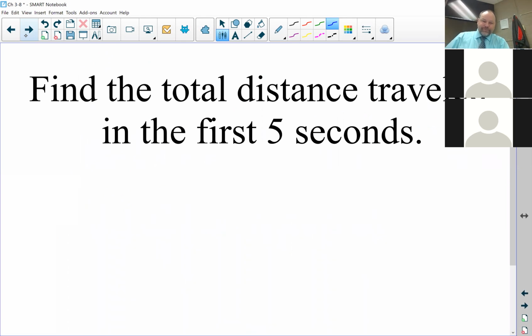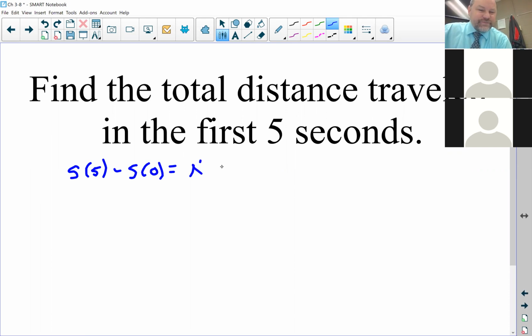Now be careful. This is not saying take the position at 5 seconds minus the position at 0 seconds. That is net distance, and not what we're being asked here.